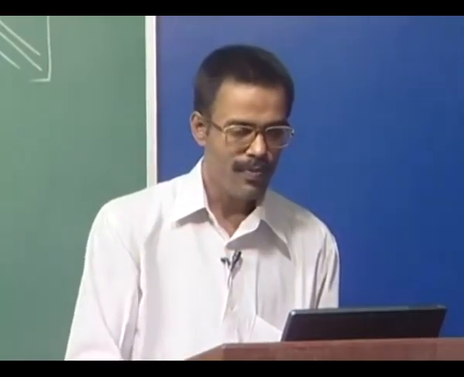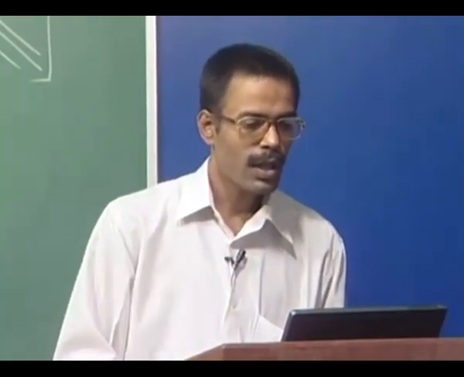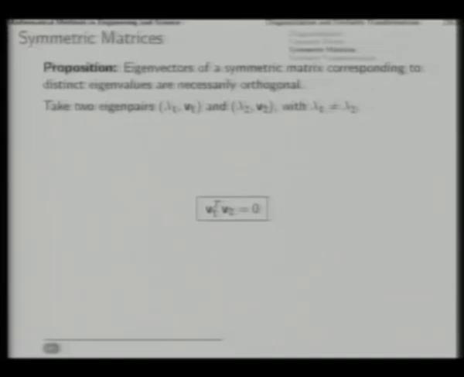To show this, we take 2 eigenpairs, 2 eigenvalues lambda 1, lambda 2, and their corresponding eigenvectors v1 and v2, with the statement that lambda 1 and lambda 2 are not equal, and we want to show that v1 and v2 are orthogonal.